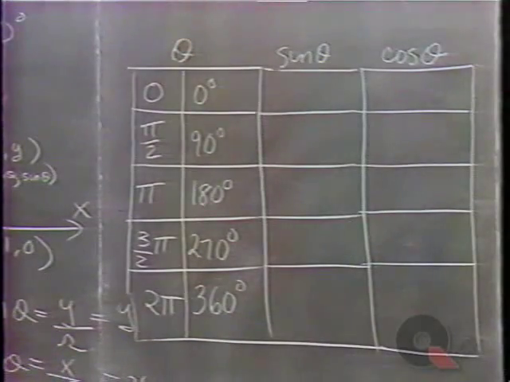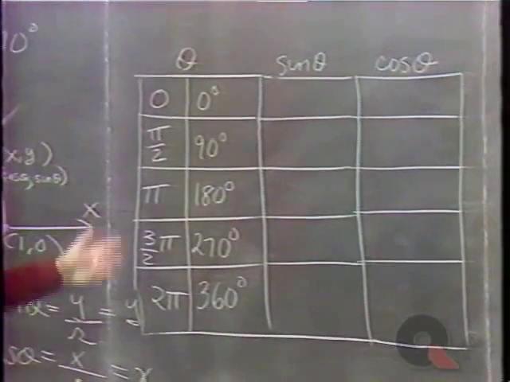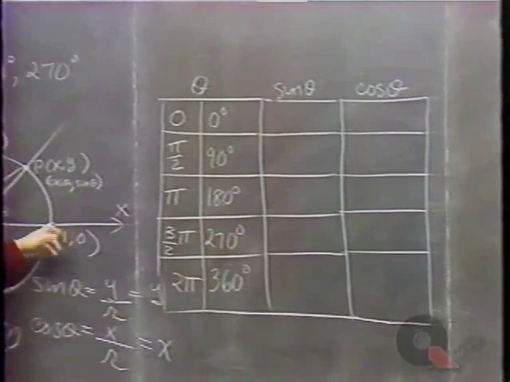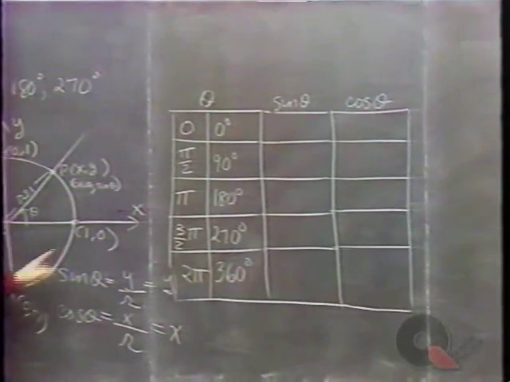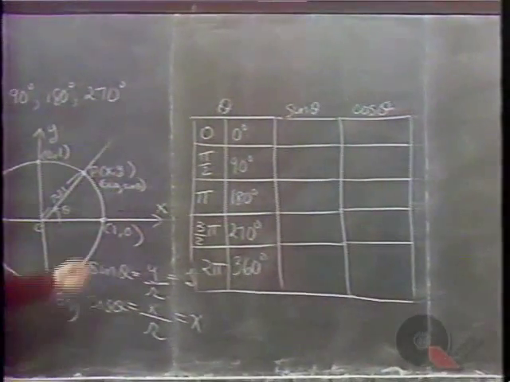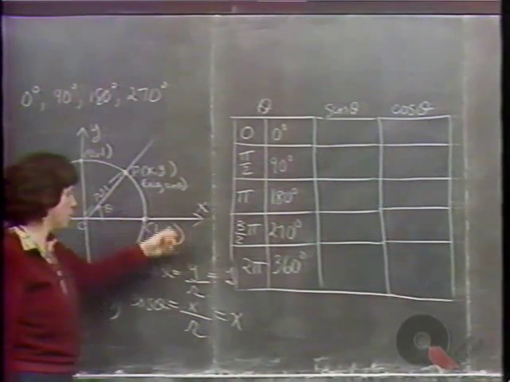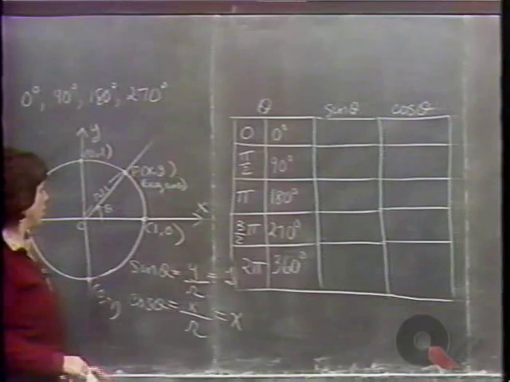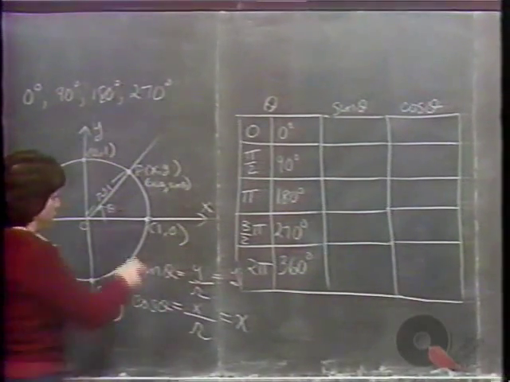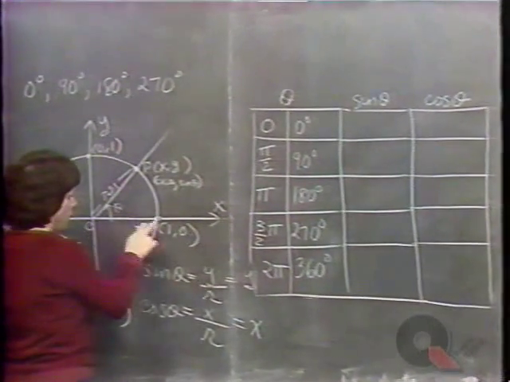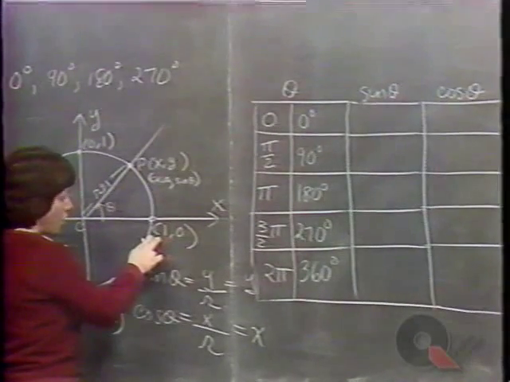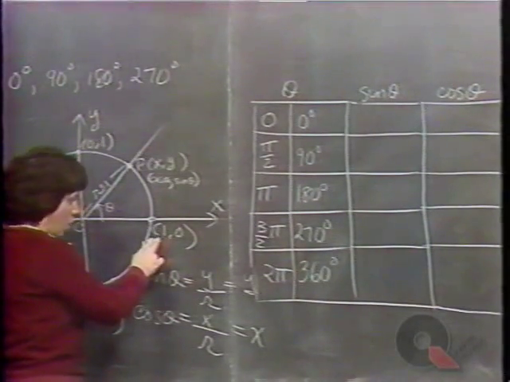Now, to get the sines and the cosines of these angles, all we have to do is follow this point P around the circle, taking its x-coordinate as the cosine and its y-coordinate as the sine. Let's take care of the cosines first. For 0 degrees, the cosine is 1.